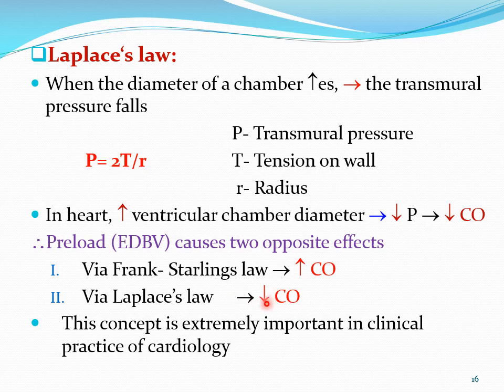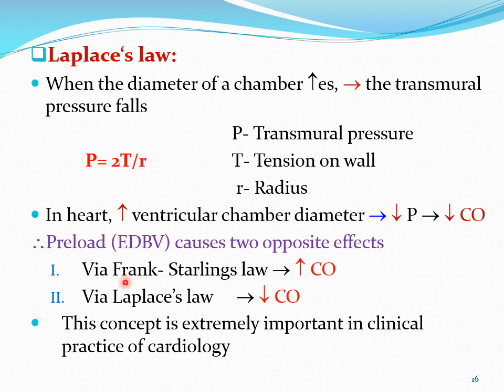Due to the high pressure the ventricles get dilated, and at that time we can see the effect of Laplace's law. Due to the dilatation, the increased diameter of the ventricle, the cardiac output decreases.